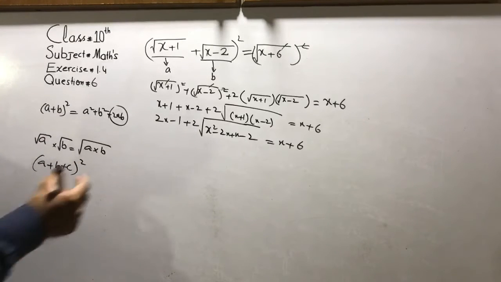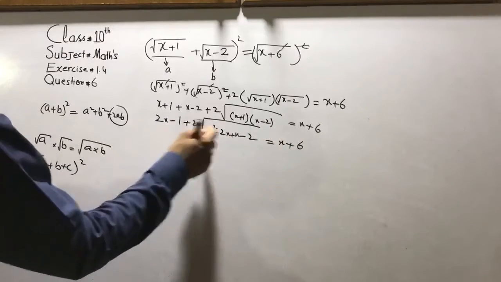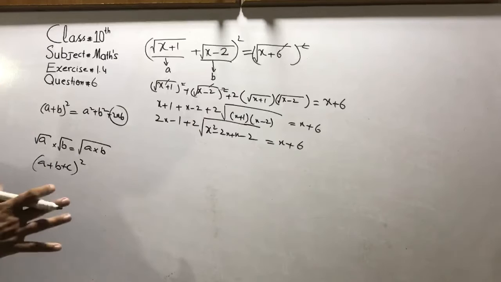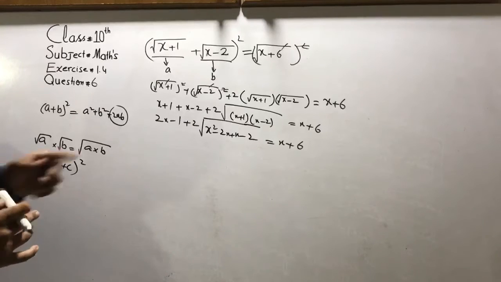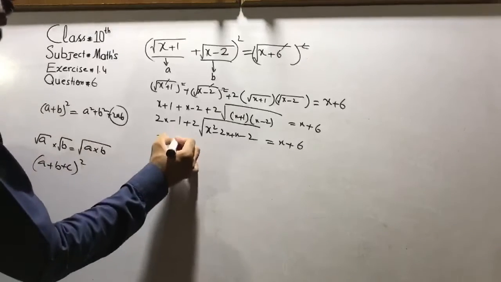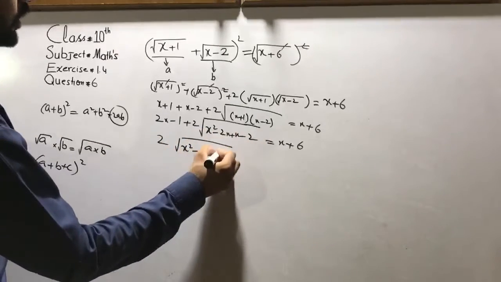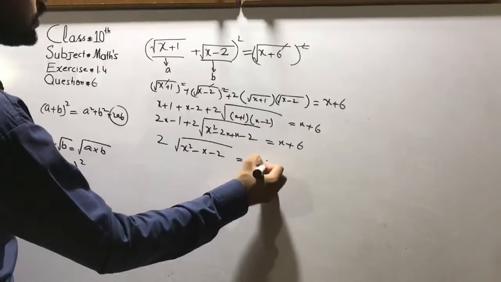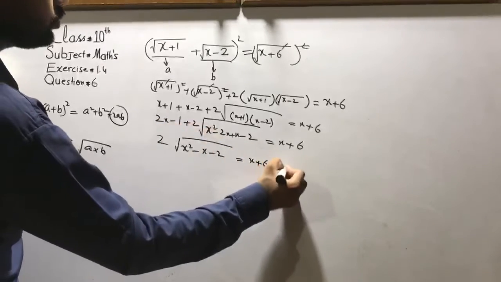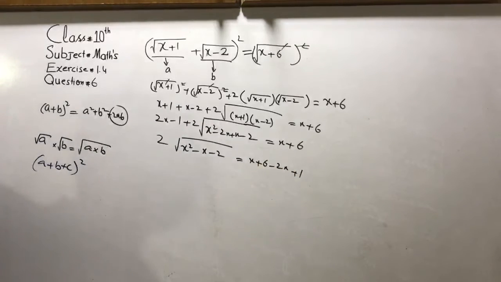That's why we shift the left terms 2x minus 1 to the right side, then we can easily take square to remove the square root. So I write here 2 into root of x square minus x minus 2 is equal to x plus 6 minus 2x plus 1, since 2x becomes minus 2x and minus 1 becomes plus 1 on the right side.